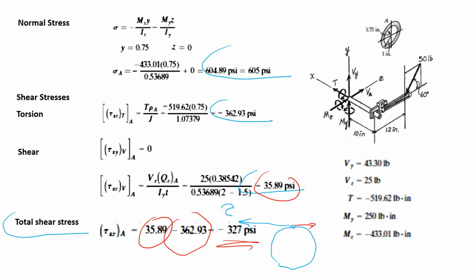The question was, what is the stress state at point A? The result is, at point A, a normal stress of 605 psi and a shear stress of minus 327 psi.